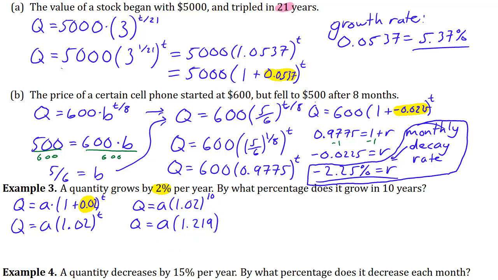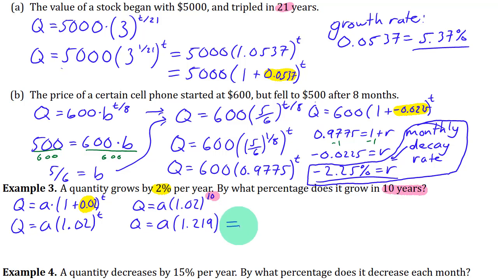So after 10 years, there is going to be the initial amount, whatever a was, times 1.219.